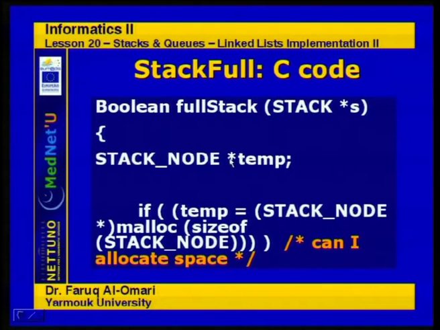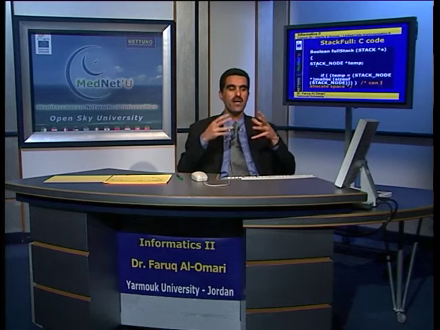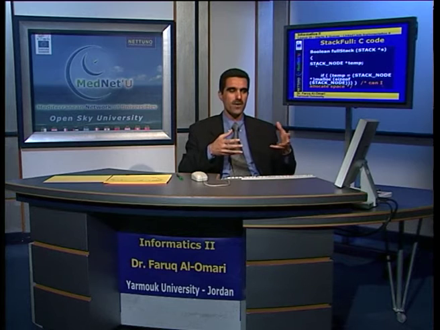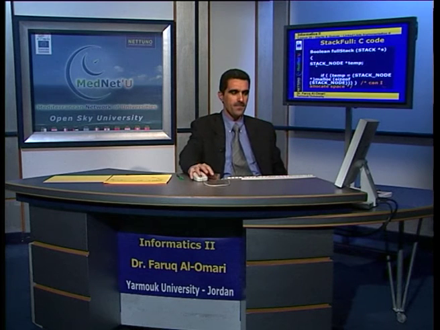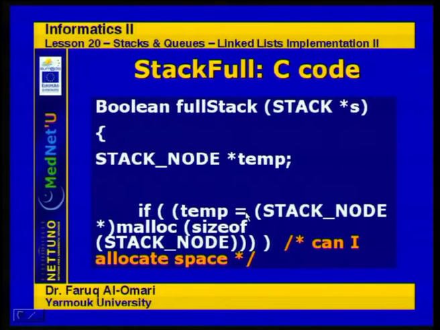So let's see how we're going to implement that. I'm going to define the variable temp to be of type pointer to a node, stack node. So I'm going to try to allocate space in the middle of this program for temp. Okay? So I'm saying here, if temp equals malloc of size of stack node, with the cast to return a pointer of this type. Okay?